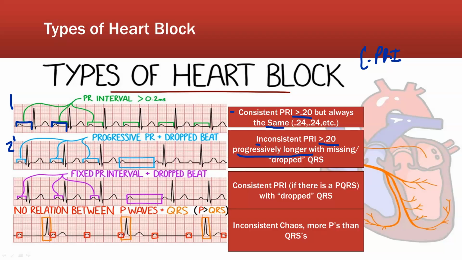So what I see here is I start off with a very good-looking PRI. I notice that the next one gets significantly longer. When I compare it to the next one, it gets significantly longer. What I want you to notice is that even though the PRI is becoming long, you still have a consistency in the R to R. So you're still able to maintain some sort of cardiac output.